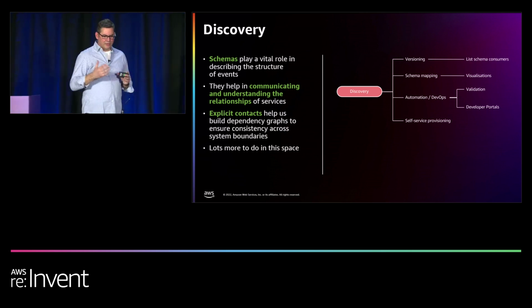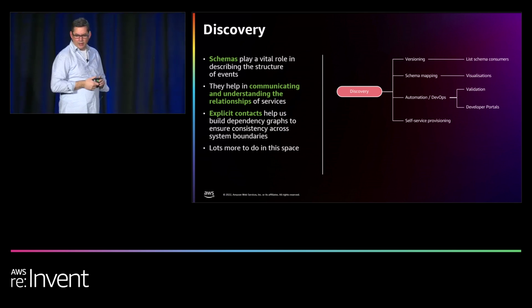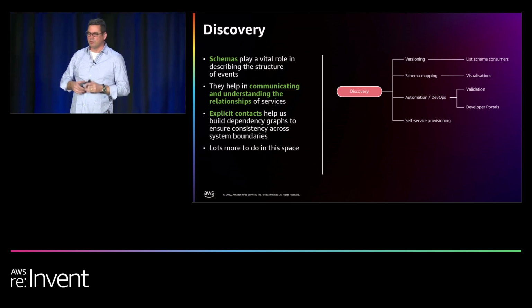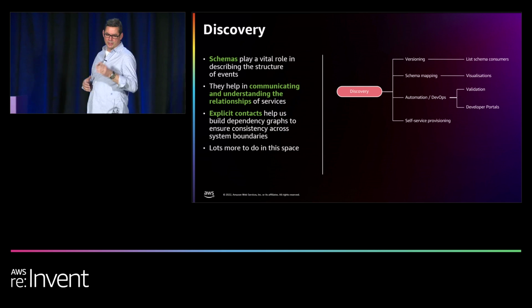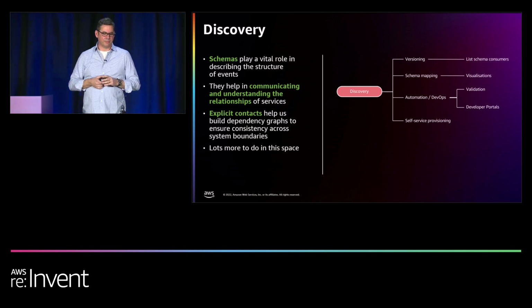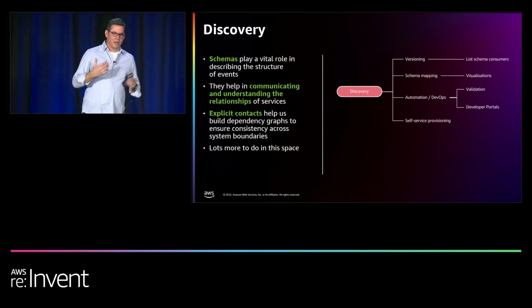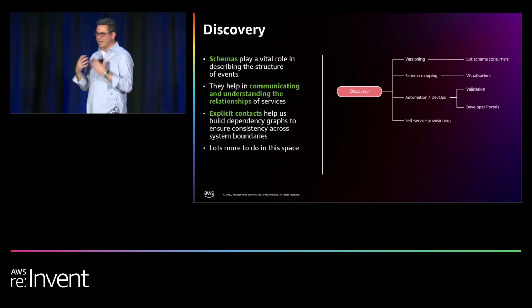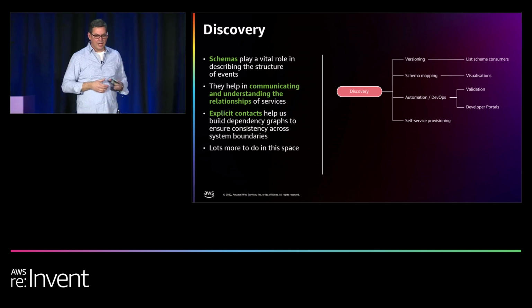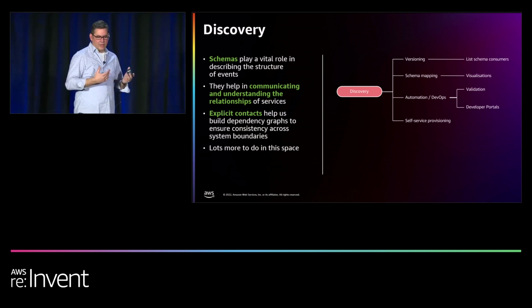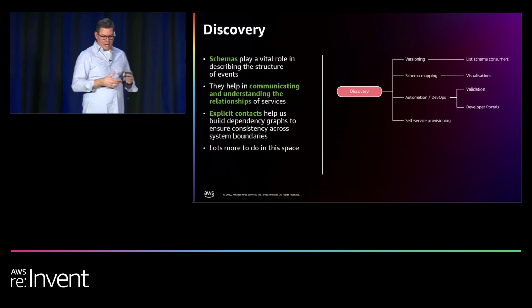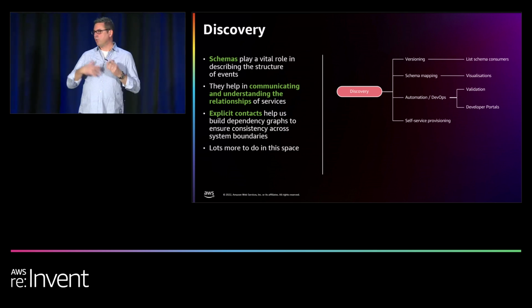Now, I've spoken at length around the importance of schemas in establishing integration contracts between system boundaries. They not only help us understand the structure of events, but they also play a big part in helping us understand the relationships that applications have with one another, and through versioning, help us more easily identify what those dependencies are.